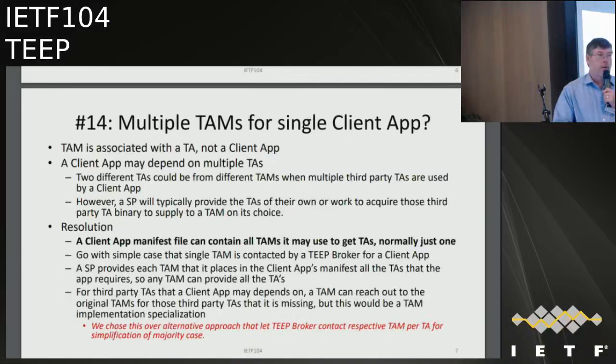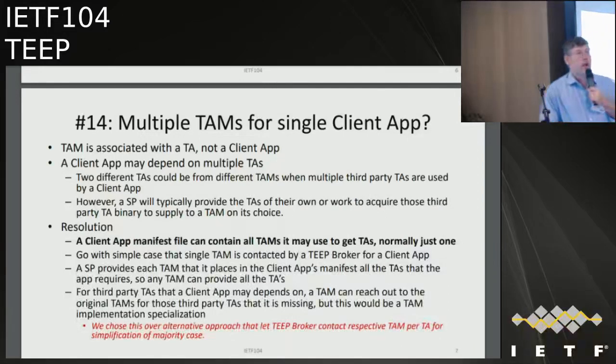So if you want large public distribution of your app, you're going to push your application and TAs out to multiple TAMs. Maybe Verizon has a TAM, maybe T-Mobile has a TAM, maybe there's an Apple Store TAM and a Samsung TAM and a Google Play Store TAM. Right. So you'll push your app and all the TAs that your app needs will get pushed to the TAM.